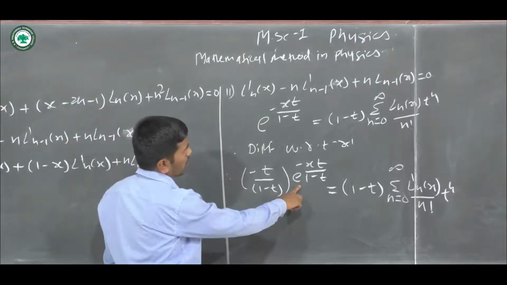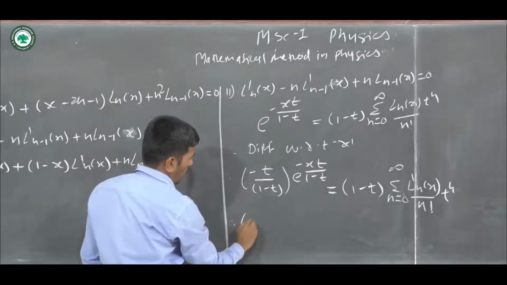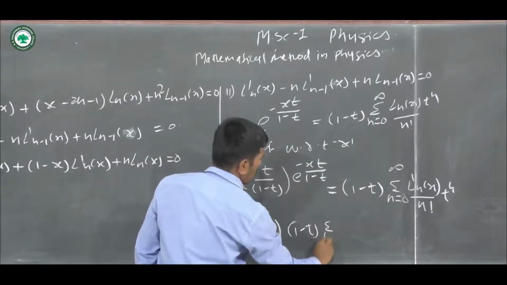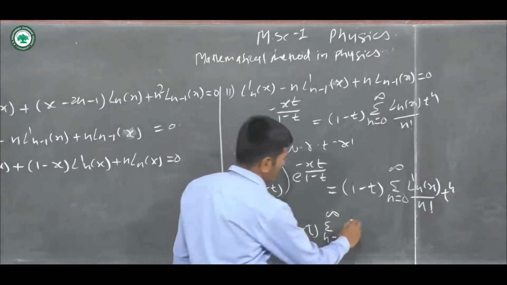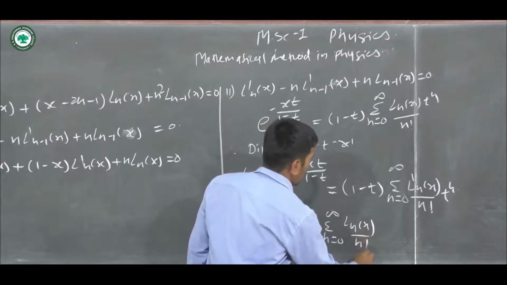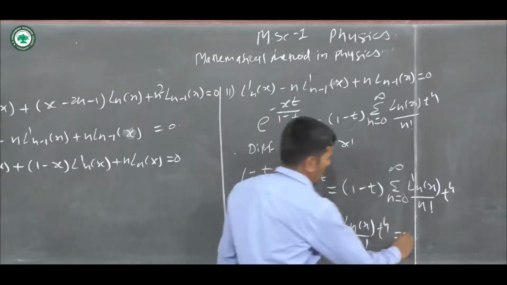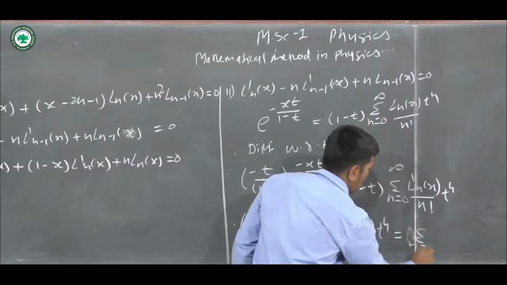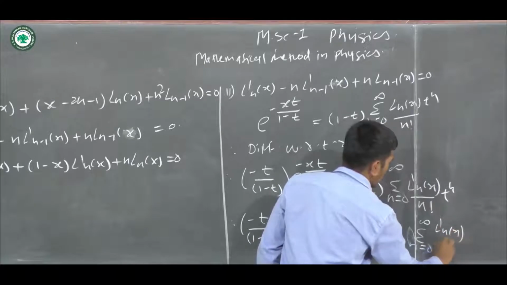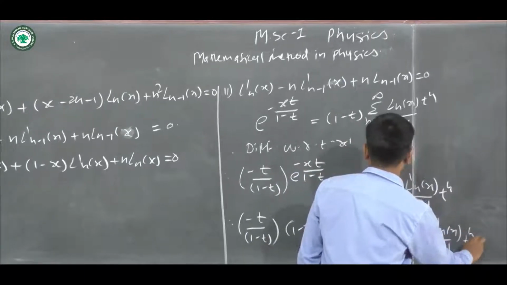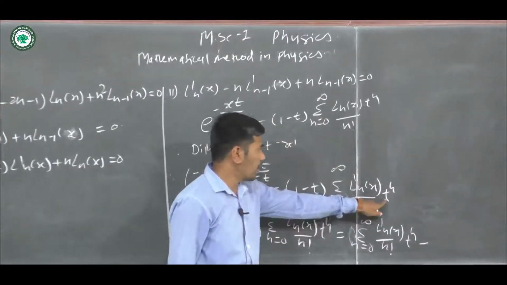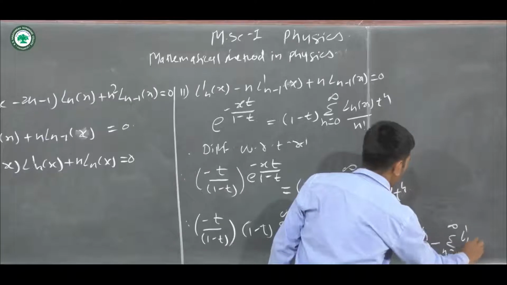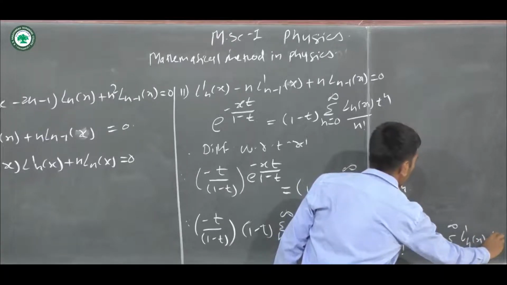Now we can replace these expressions, so it is minus t by 1 minus t times 1 minus t, summation over n equal to 0 to infinity, L_n(x) by n factorial into t power n, equal to, multiplying into the bracket, summation n equal to 0 to infinity L'_n(x) divided by n factorial into t power n, and minus this t and t power n, so we can write summation n equal to 0 to infinity L'_n(x) divided by n factorial into t power n plus 1.